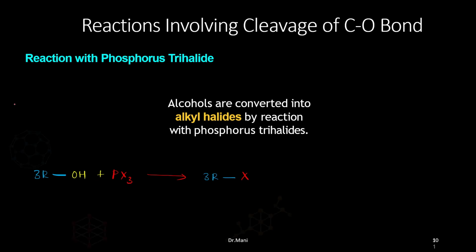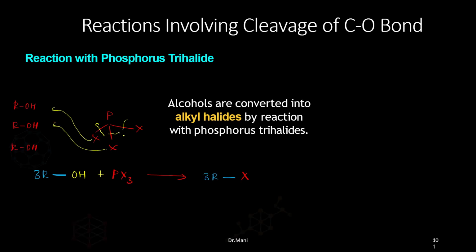So there will be ROH, ROH, ROH. And there is a PX3, P, X, X, X. Each one will break the bond here and go and attach here. Break the bond here, go and attach here.